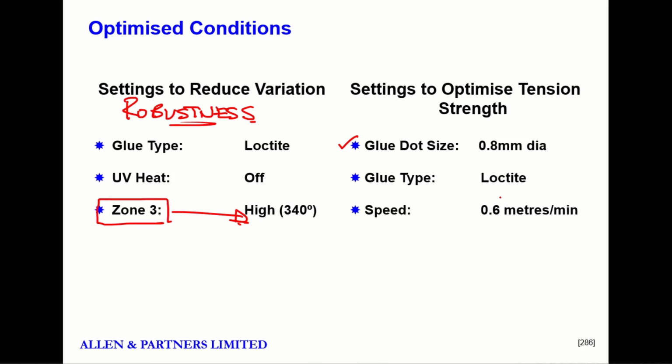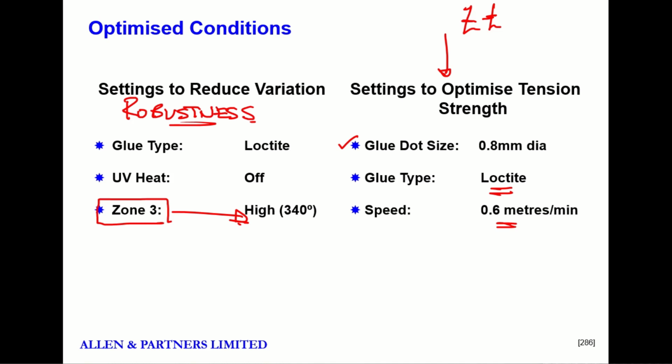To use Loctite again, so not only was it the most consistent glue, it was the strongest glue, and we had to get the conveyor speed down to 0.6 meters per minute. But if you look at the performance we gained, some of these settings obviously are going to cost us money.